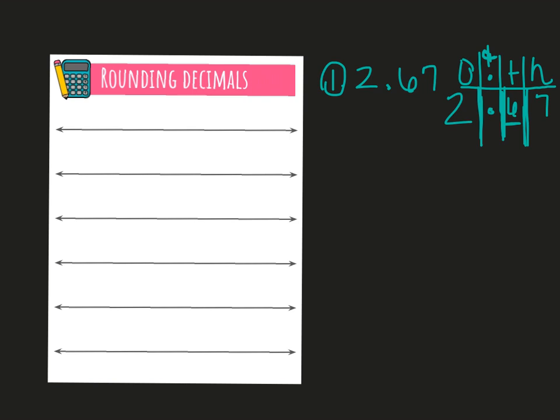When I am rounding on a number line, I have to think about the number 67 on a hundredths chart. It lands anywhere between 2 and 60 and 2 and 70, okay?